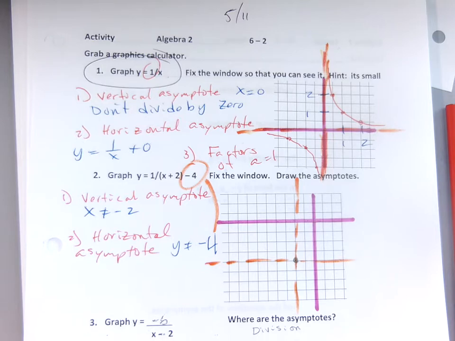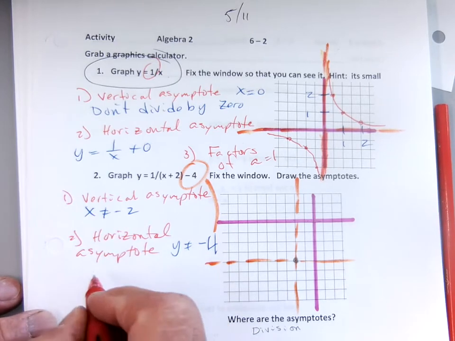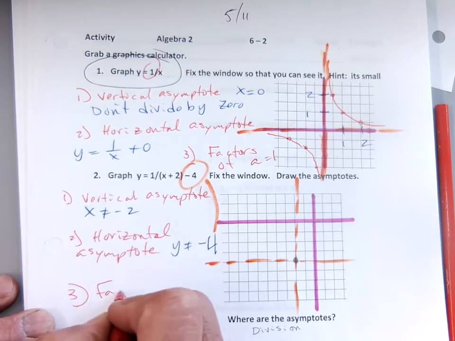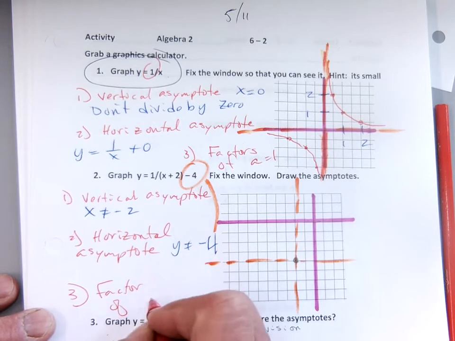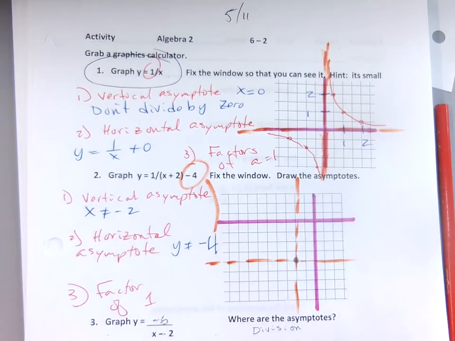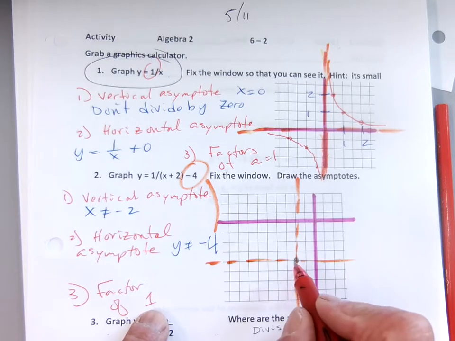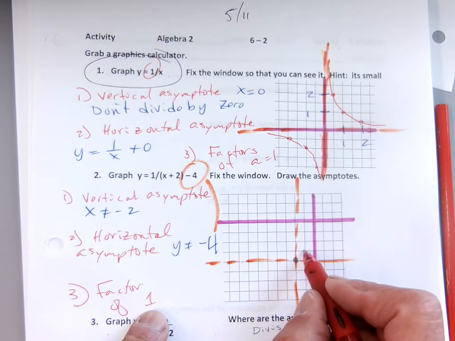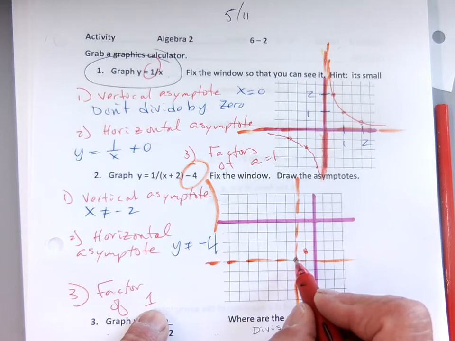And then what times what makes 1? So then I need the factors, number 3. I need the factors of 1, and what are they? What times what makes 1? 1. Now watch how I do this. 1, 1. I took it from the middle of the asymptote.